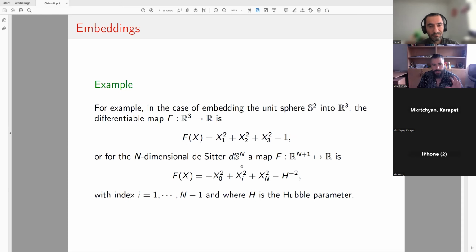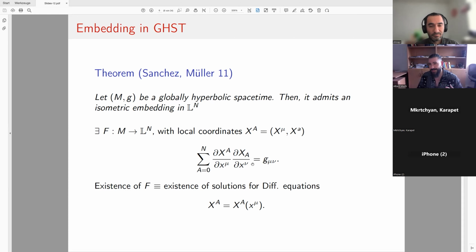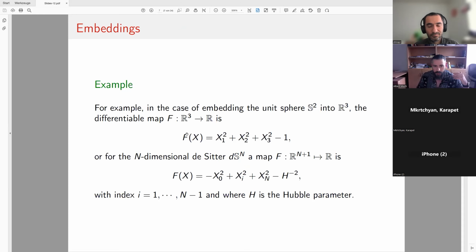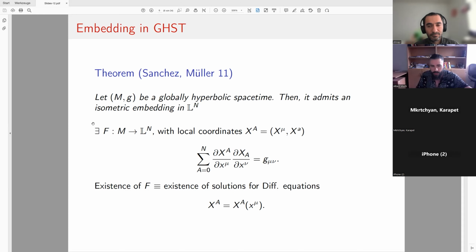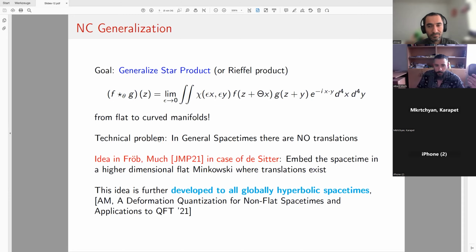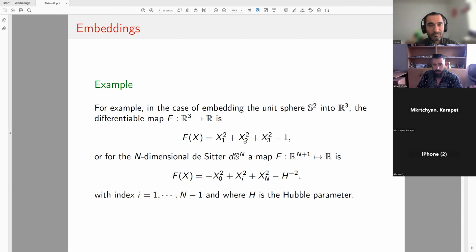Now, as I am a physicist at the end of the day, I sometimes have trouble understanding all these general symbols, so I like to go to examples. What is an embedding function, or what is this f? For example, for the unit sphere S2, this is just x1 squared plus x2 squared plus x3 squared minus 1 equals 0.